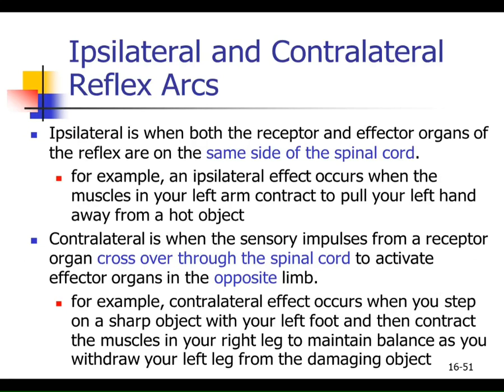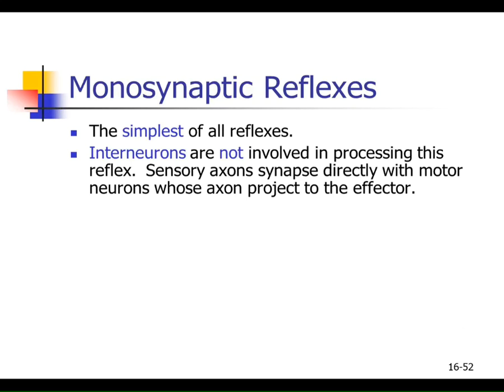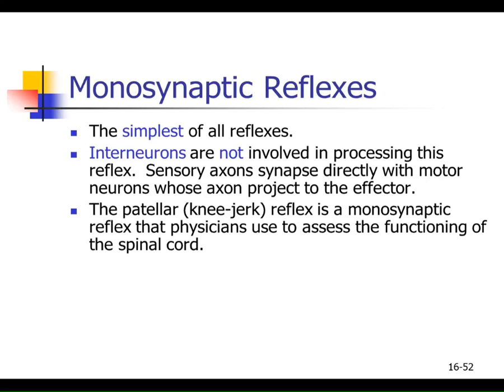If I instead, as an example in lab, stepped on something sharp with my right foot, but then involved my left leg to protect me, to catch my weight, it's crossed over to the other side of the body, so it would involve some contralateral signals.